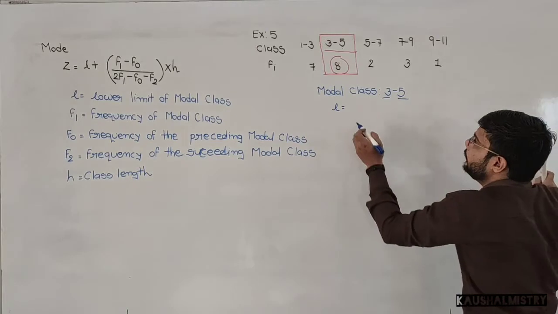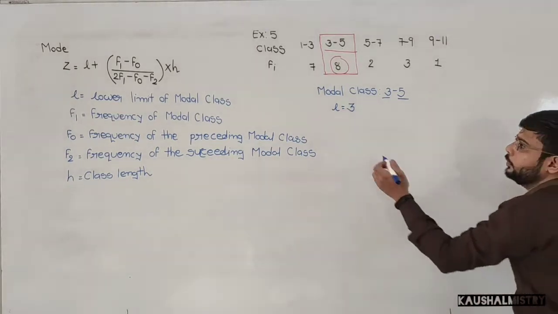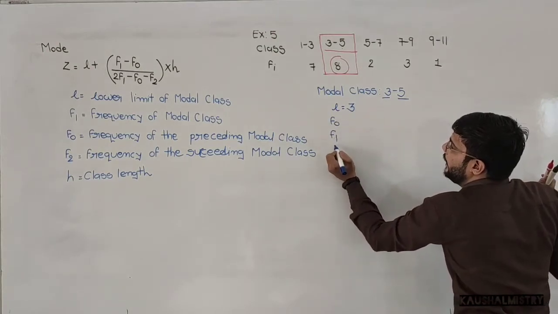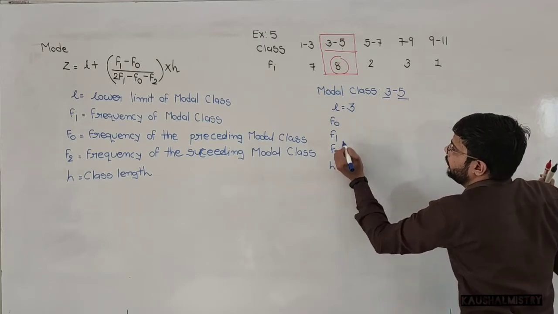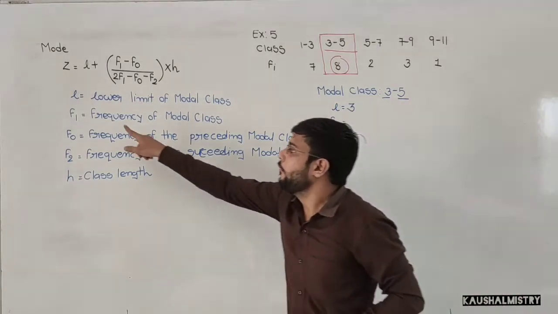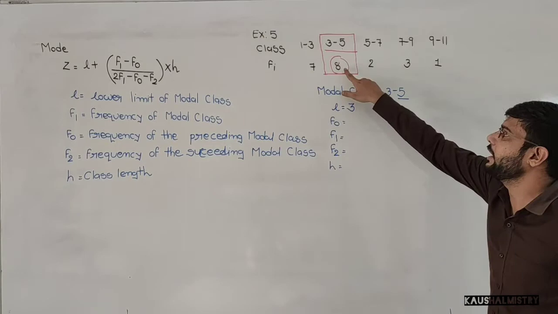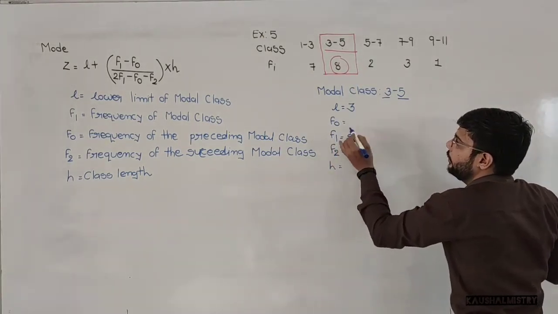So the lower limit of the modal class here is 3. F1 means the frequency of the modal class, which is 8. That means F1 is equal to 8.